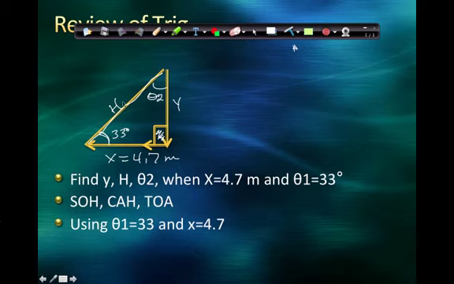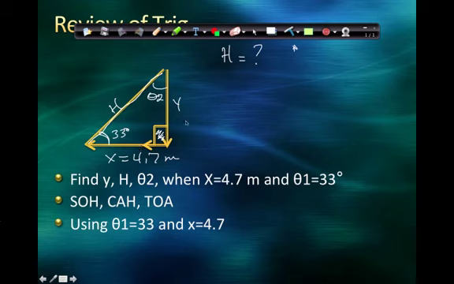So we're going to solve for h. We want to find h. We know that this side is 4.7. We have the angle, so we don't have two sides. So the only thing we can do is use SOH CAH TOA.